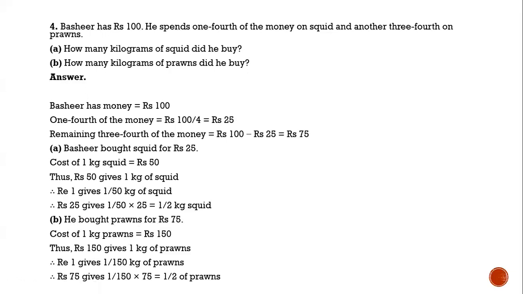If rupees 150 gives 1 kg of prawns, then rupee 1 will give 1 by 150 kg of prawns. To find out rupees 75, we will multiply 1 by 150 into 75. That is half kg of prawns. So Bashir has bought half kg of squid and half kg of prawns.